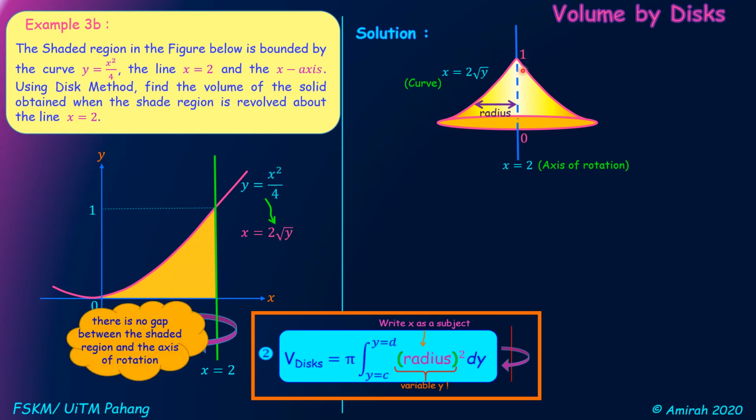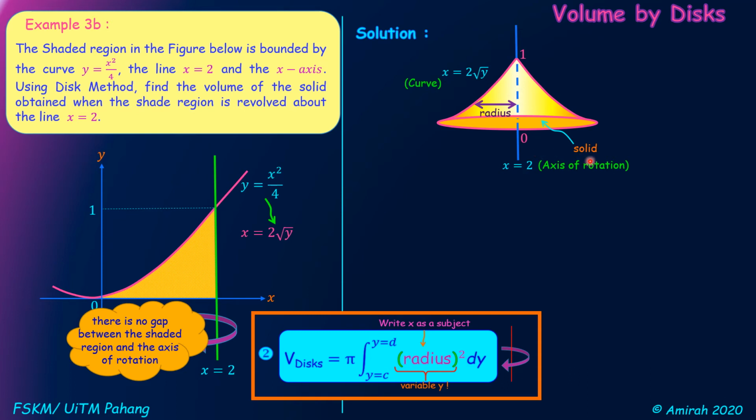And then from this diagram, there is no gap between the shaded region here and the axis of rotation. So after rotation, we will get a solid object, because there is no gap between this shaded area and the axis of rotation.